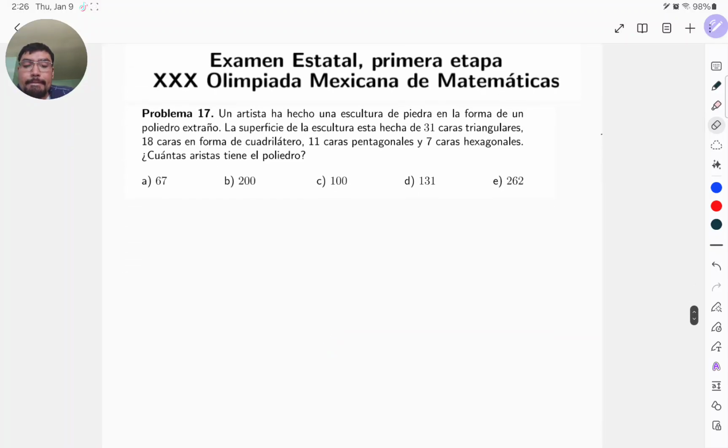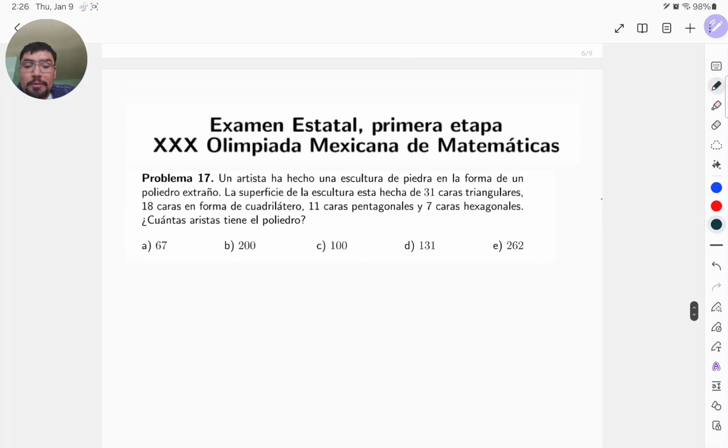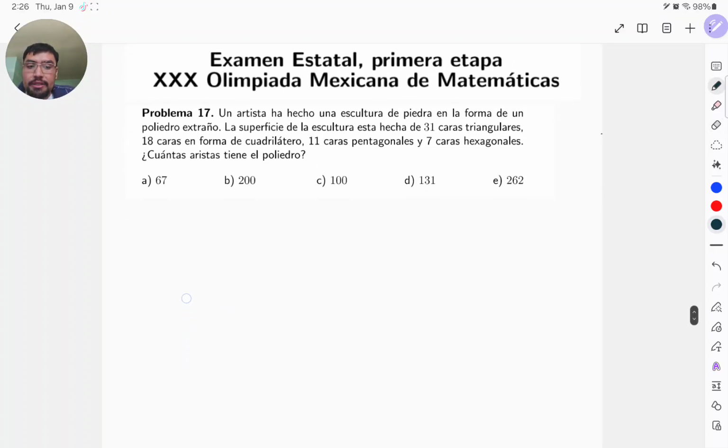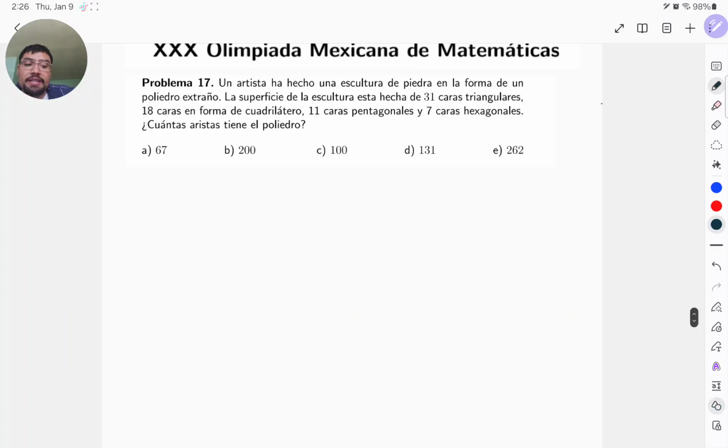In this case, the problem seems too complicated, but if we start drawing a polyhedron, we simply notice some basic facts that help us to solve the problem. For example, let us consider the following polyhedron. It is a pyramid.